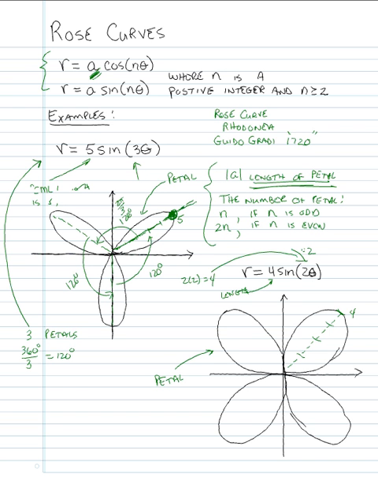And the biggest r value is going to happen when we have the sine value equal to 1, or negative 1, I suppose. But when the sine is equal to 1. So the sine of 3 theta needs to be equal to 1. When does that happen? That's when we take the sine of pi over 2, isn't it?